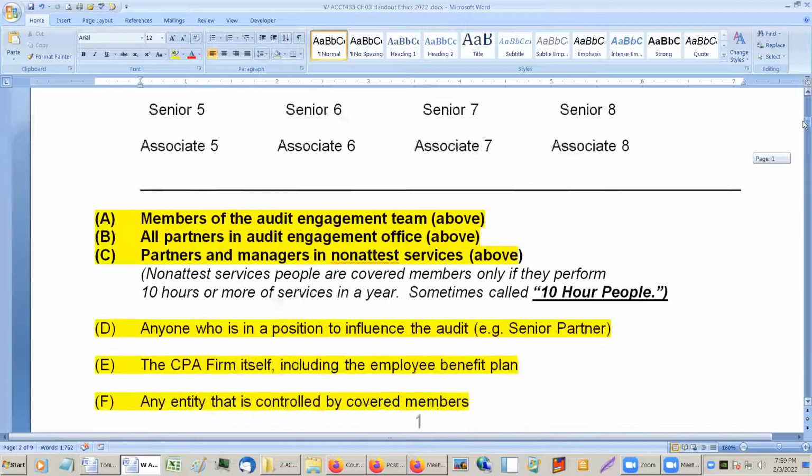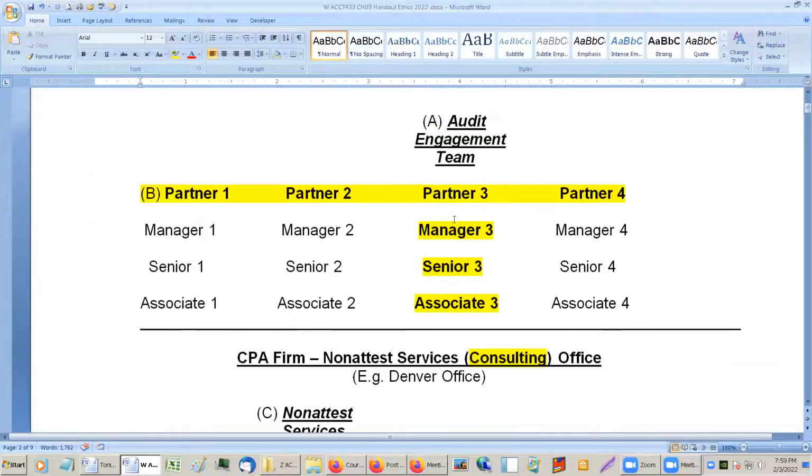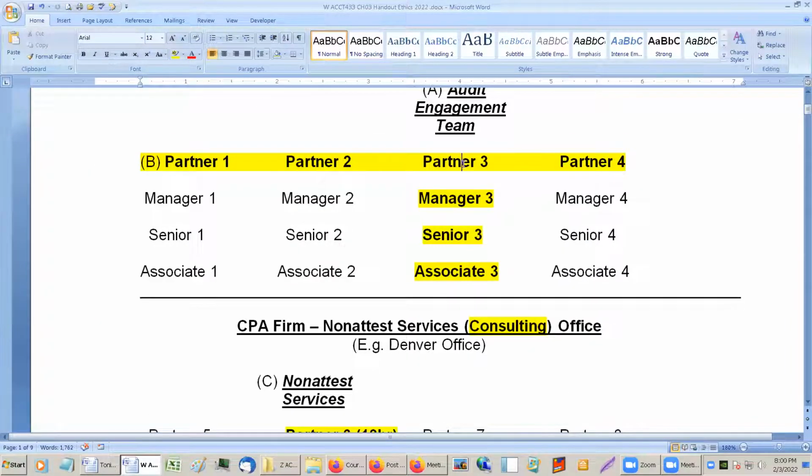Let's go up here. Sorry. So she's not one of these, but she's a senior, so she's one of these.